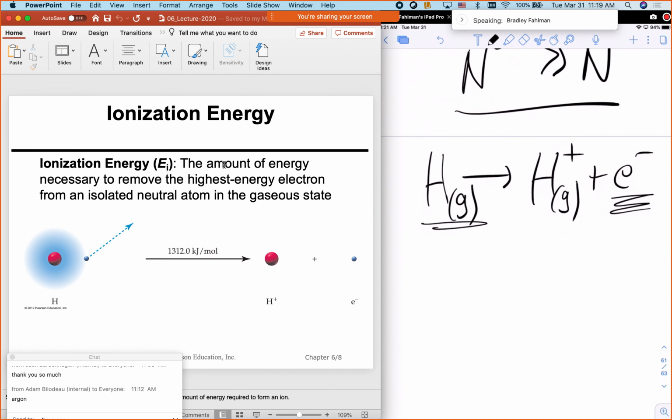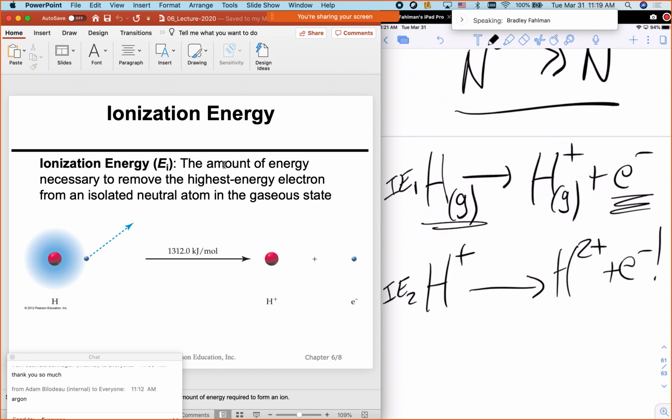So this would be ionization energy 1. You could have ionization energy 2, where you're removing an electron from this, which is not going to happen for hydrogen, so I'll put an exclamation point because it really doesn't make sense, but you can talk about IE2 or IE3, where you're removing sequential electrons.